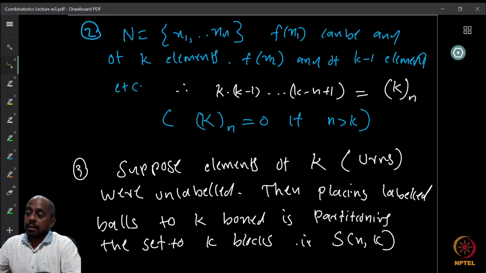So now that is if the boxes were unlabeled. Now if the boxes were labeled, then it also matters which box this has gone to. So basically the order of the blocks is also important. So once you have the blocks, you can permute them in any way. There are k blocks, so therefore k factorial ways to permute them.